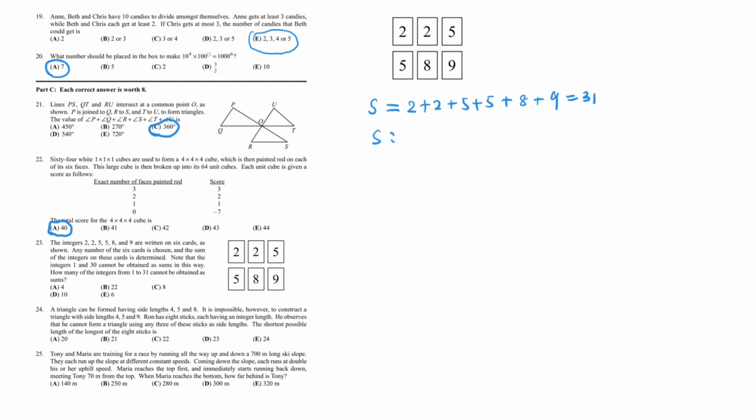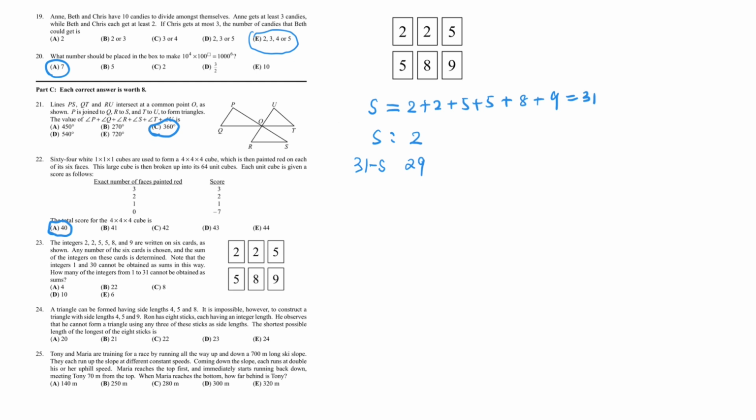The 1 we cannot obtain because there is no 1 on the card, but we can get 2. If we can get 2, then 31 minus 2, that's 29, we can also get.